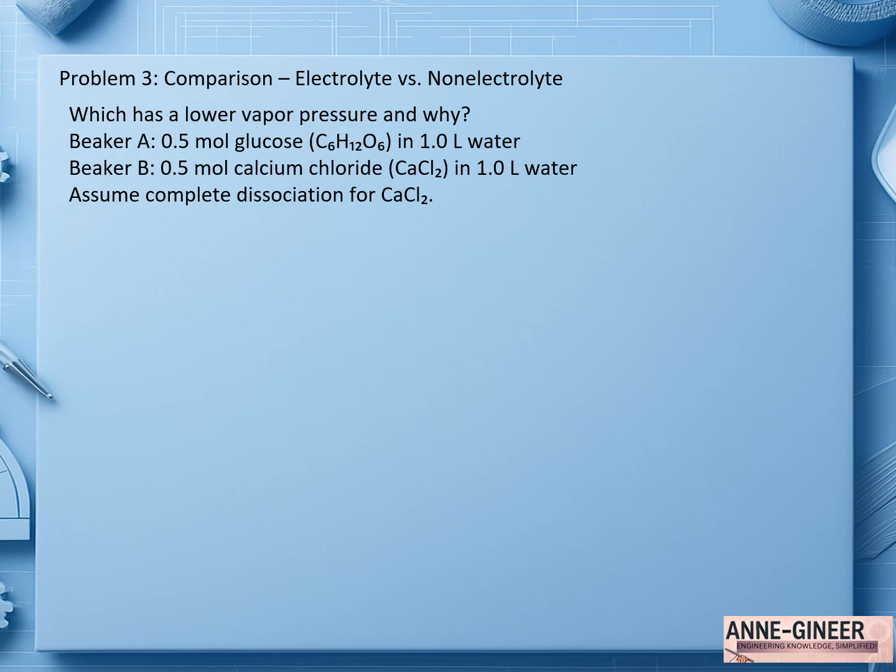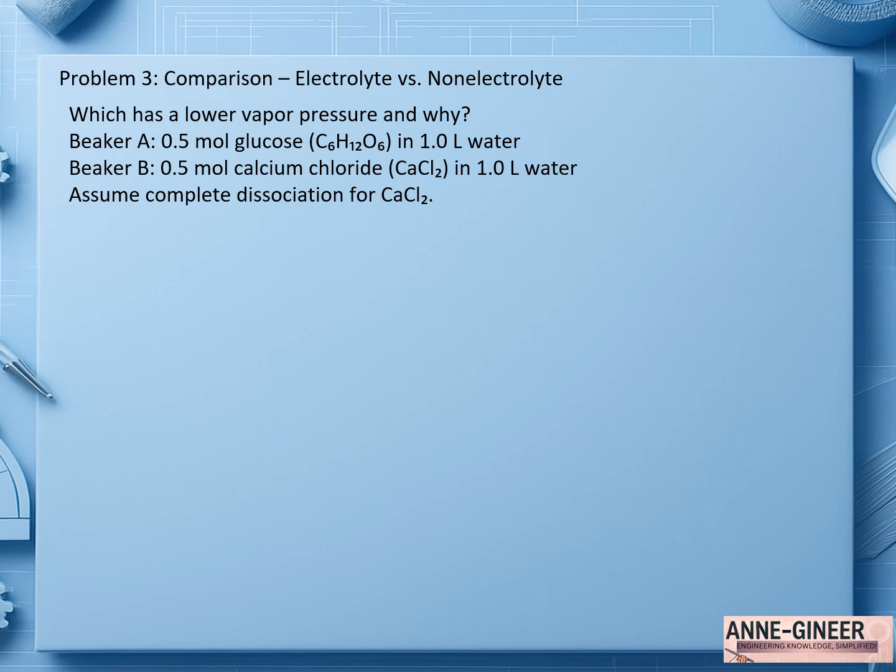So another problem. Here we have a comparison of electrolyte versus non-electrolyte. Which has a lower vapor pressure and why? Beaker A has 0.5 mole of glucose in 1 liter of water, and beaker B has 0.5 mole of calcium chloride in 1 liter of water.